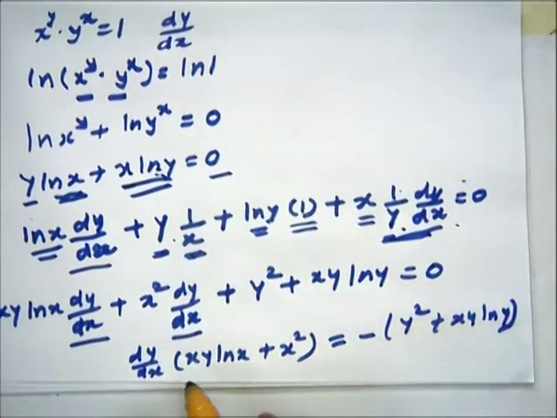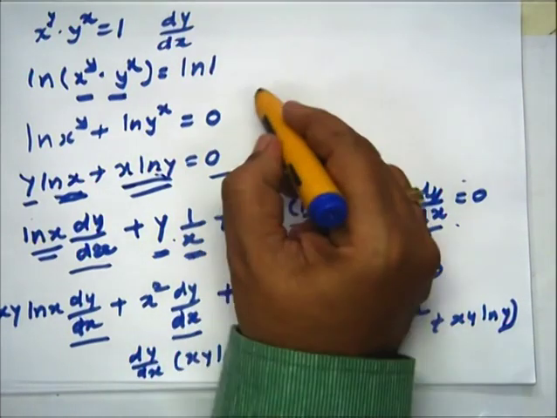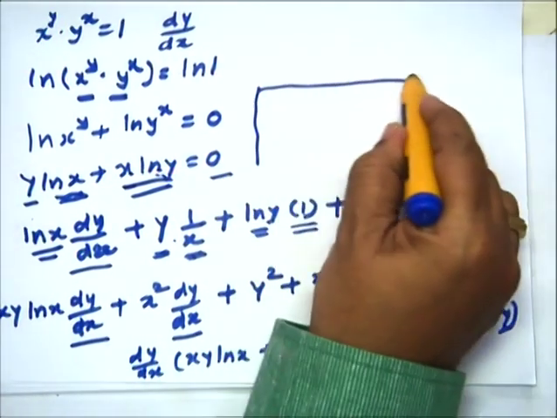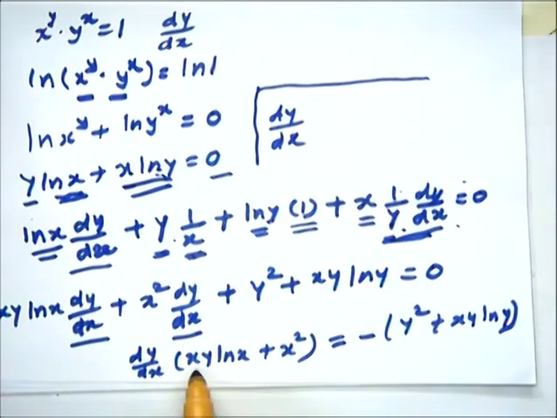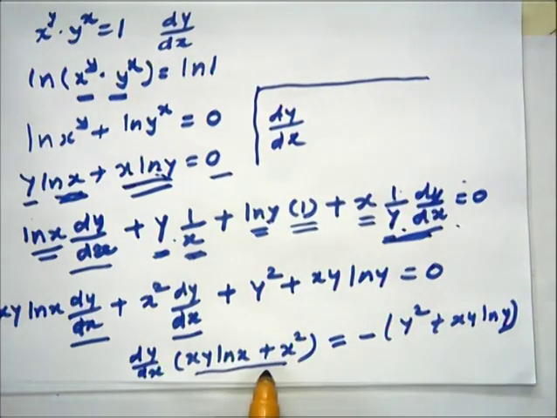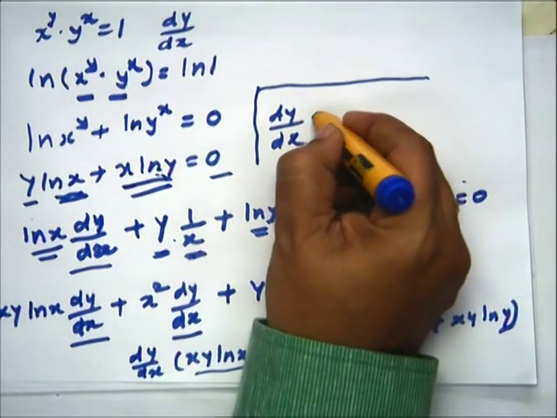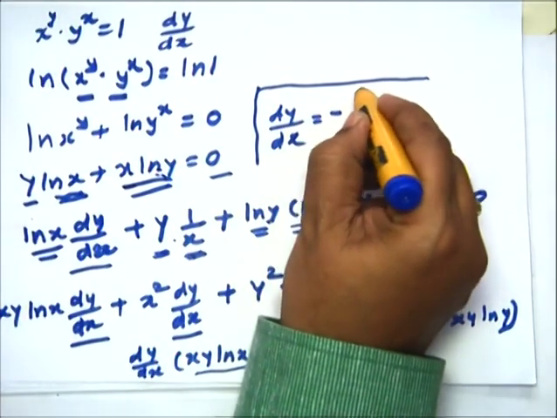So if we solve it for dy by dx, the final answer is dy by dx. Now this is in the multiplication, so if we take it on the opposite side, it will be in the division.